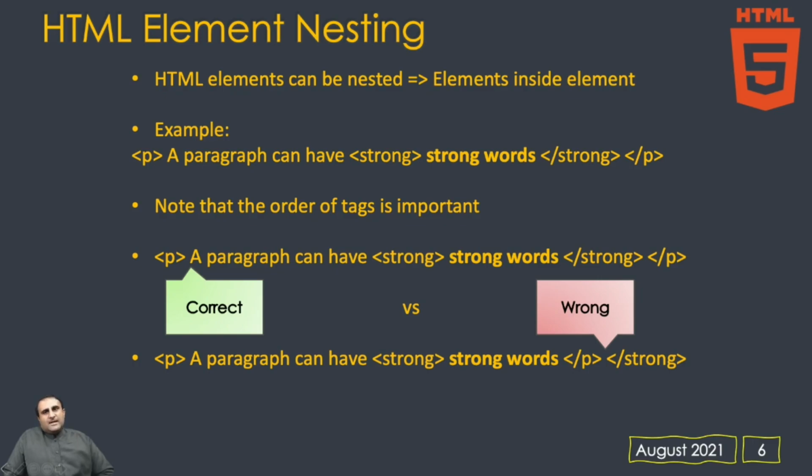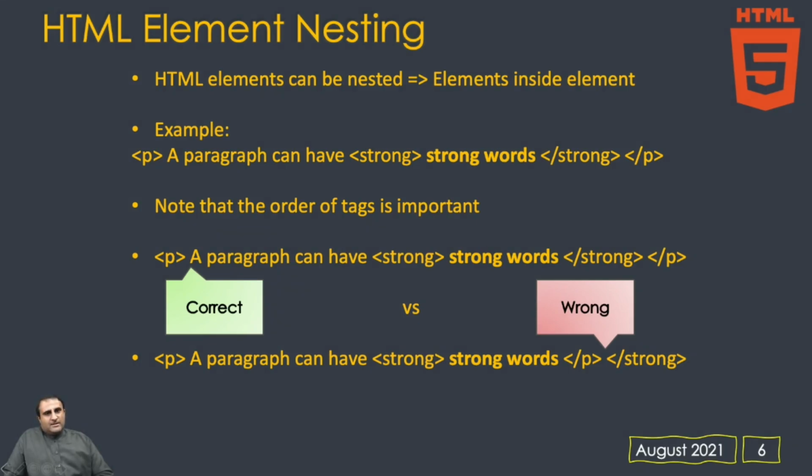HTML elements can also be nested. So one HTML element can be nested into another HTML element. For example, we have the paragraph, and in the paragraph we have the strong tag. Note that the order of tags is important.